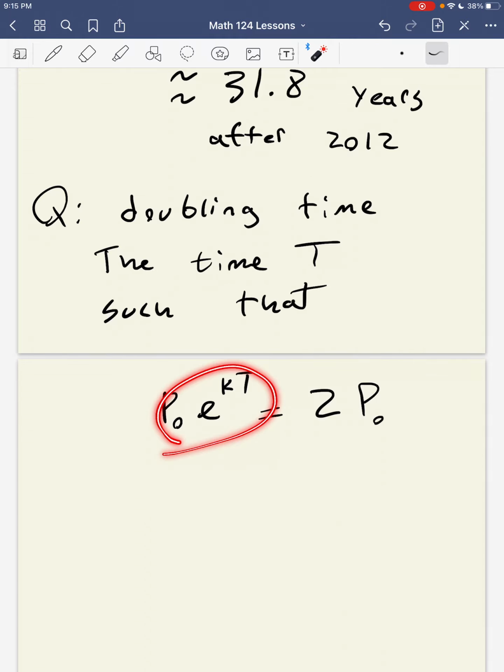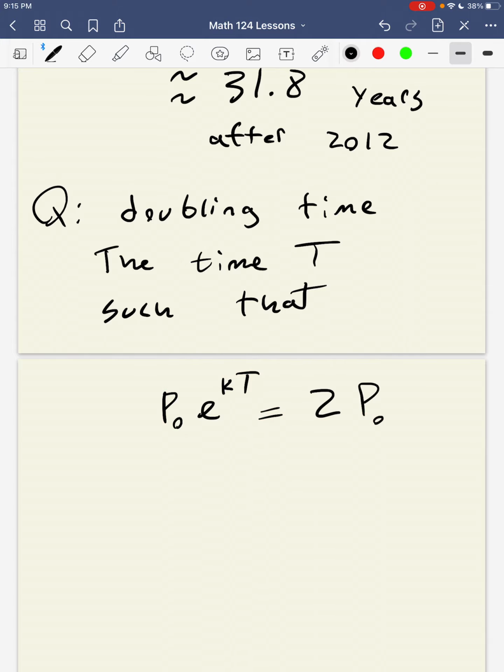And so if you set your model to equal twice the initial population and solve for time, we call that the doubling time. So in our model, we have 5.99 e to the 0.0128t.